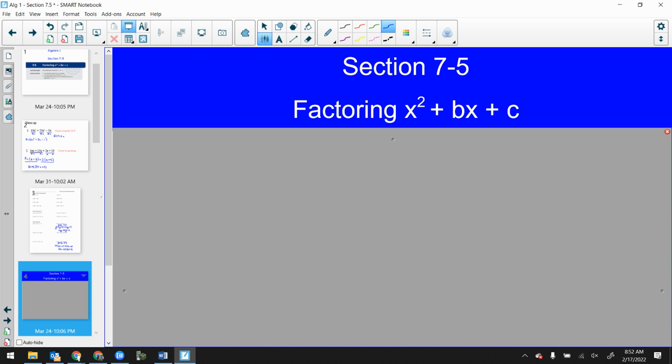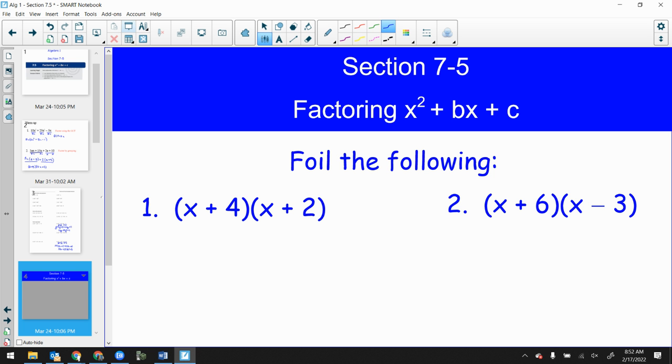You should already know how to do that. I'm just asking you to multiply. This was on your last quiz. Go ahead and multiply those 2 binomials together.